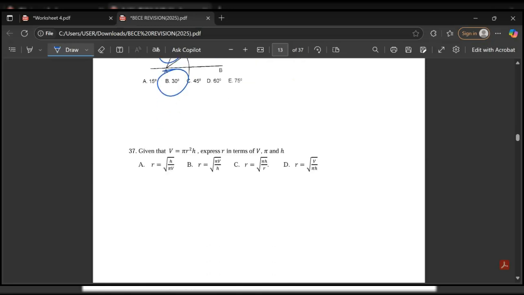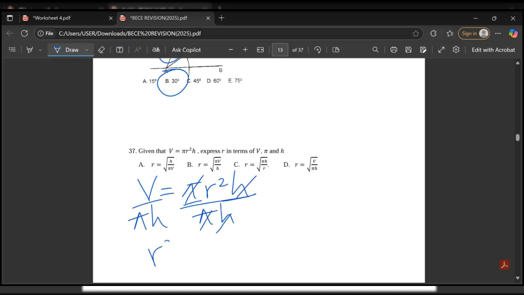Question 37. Express R in terms of V, pi, and H. So this is change of subject of formula, just like the one I solved. V equals pi R squared H. So you are making R the subject. What is disturbing R is pi H. Divide both sides by pi H. Pi H cancels.